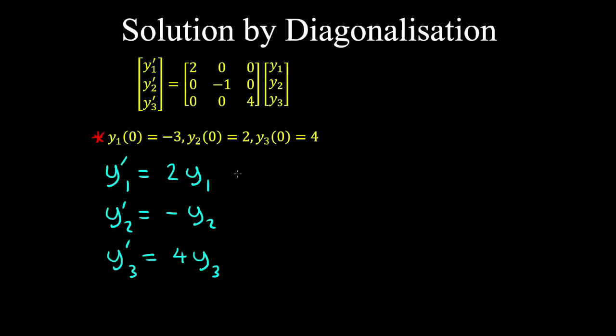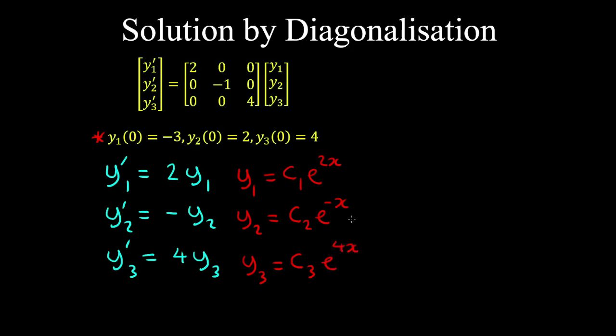So in the first case, we'd have y1 is equal to a constant of integration by e to the 2x, and y2 is another constant of integration by e to the minus x, and y3 is another constant by e to the 4x. So therefore, applying this first initial condition, we'd obtain minus 3 is c1 by e to the power of 0.